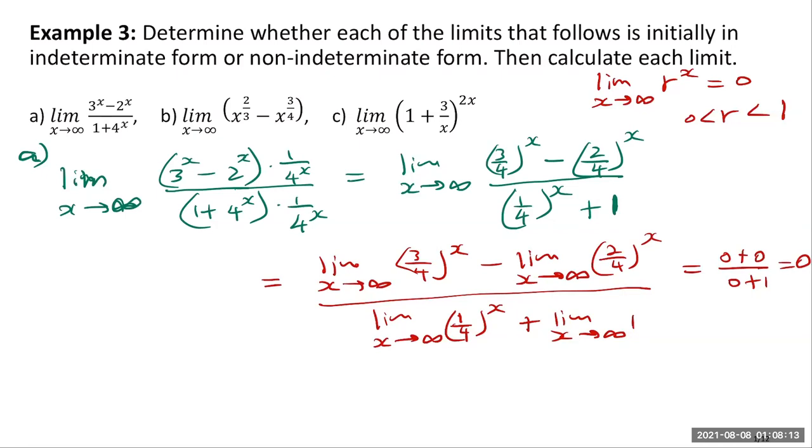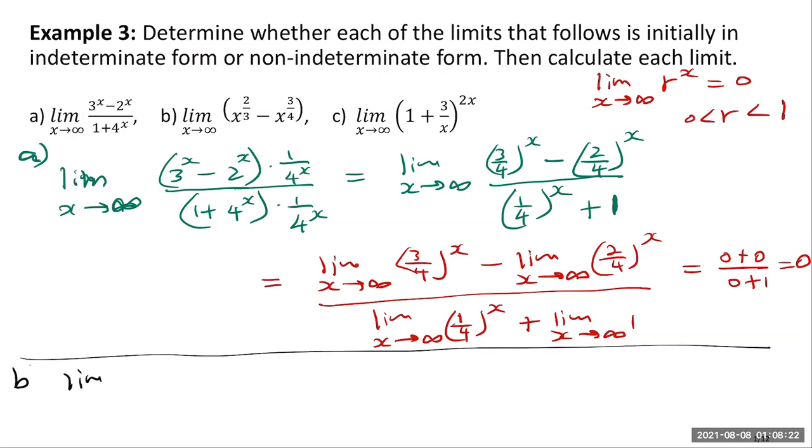Okay. All right. Let's look at the next example. We are asked to find part B. Limit as x approaches infinity, x to the power 2 over 3 minus x to the power 3 over 4. What's the problem with calculating this limit?